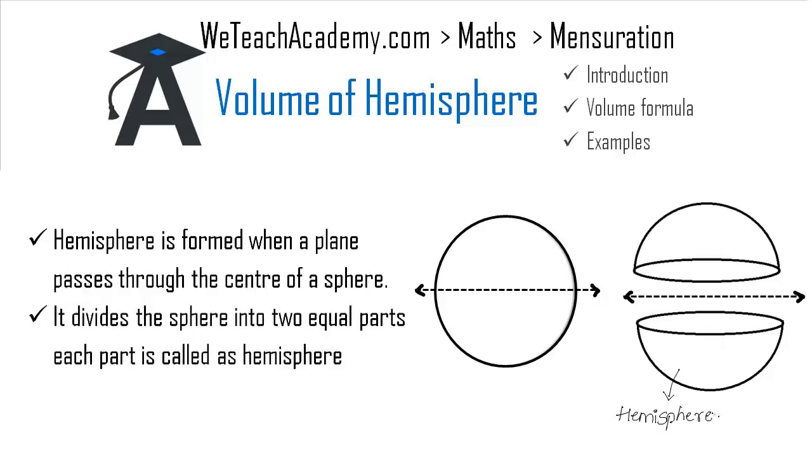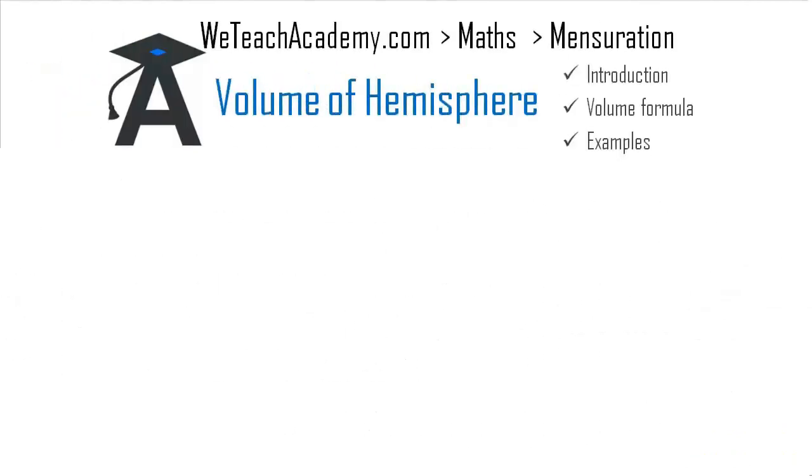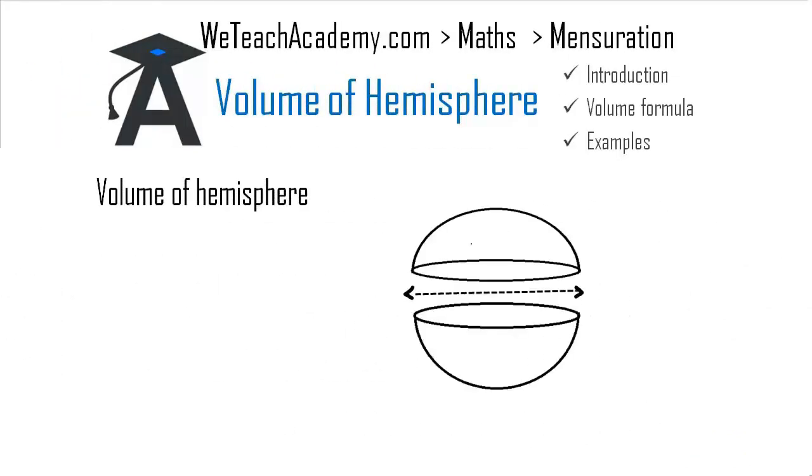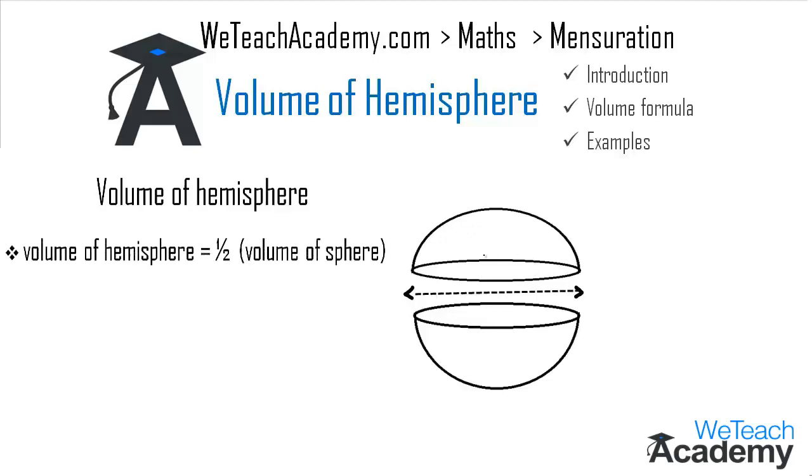And then coming to the volume of such a hemisphere. Volume includes the area of the surfaces and also the amount of space contained in it. The volume of hemisphere will be equal to half of the volume of sphere, as the plane divides the sphere into 2 equal parts and each part is a hemisphere.